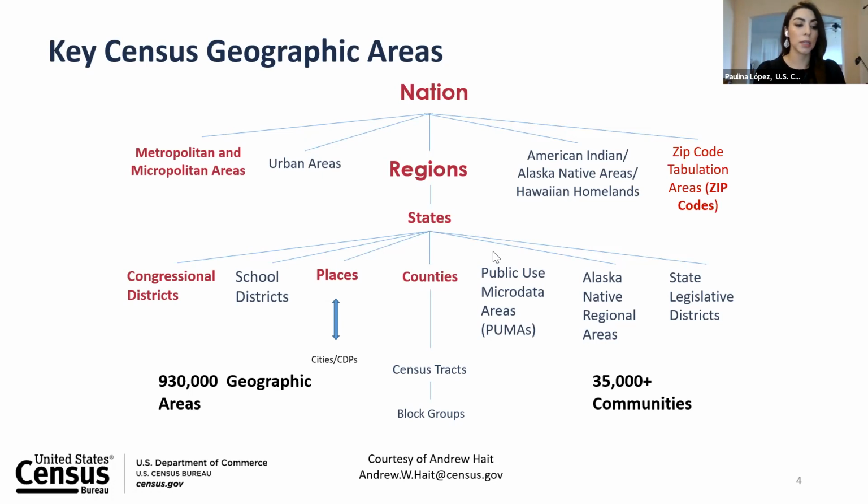And census designated places can be incorporated or unincorporated, and these are typically clusters of population that planners have wanted to get data for. A very interesting example of a census designated place here in El Paso County in our community is Fort Bliss. So if you're working with Fort Bliss, you can get information on Fort Bliss as a census designated place. Canutillo and other areas that I'll show you are census designated places as well, and they're unincorporated cities or places, so you can get information on that.